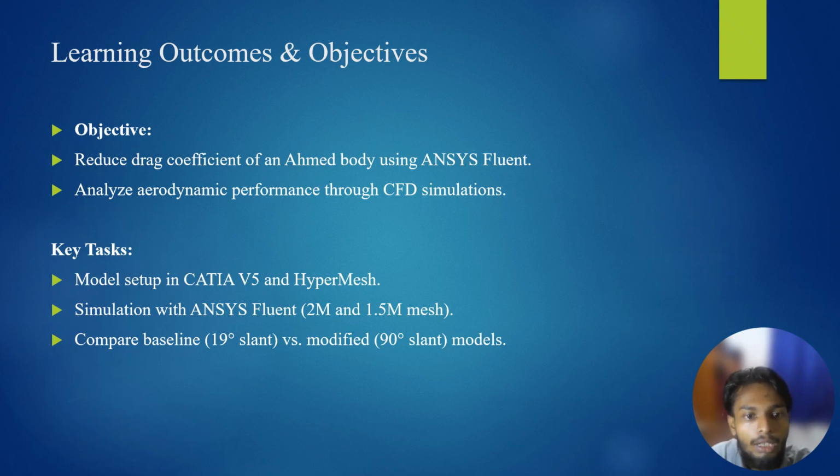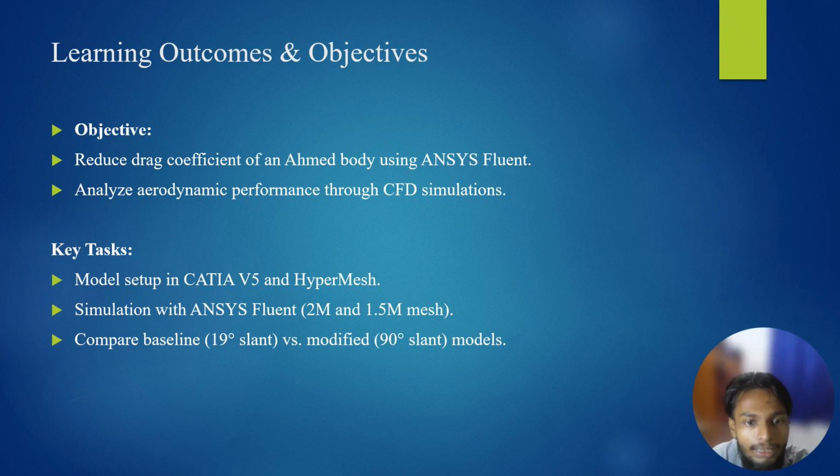Okay, the learning outcomes and objectives. The first is the objective: reducing the drag coefficient of an armored body using ANSYS Fluent. The second point is to analyze the aerodynamic performance through the CFD simulations.